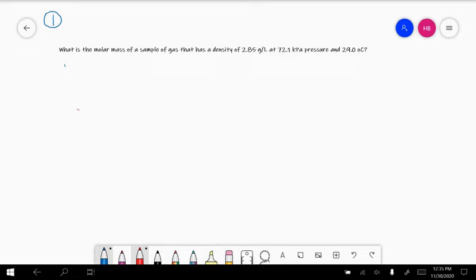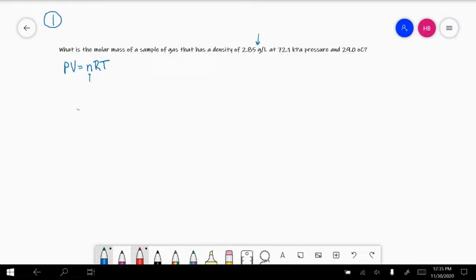So first, I'm going to rearrange the ideal gas law again for you. So PV equals nRT is the ideal gas law. And if you remember, this n is what's going to represent our quantity. n is represented by moles, but the quantity we're going to need is grams, because as soon as I see this grams per liter, I know that's a density.